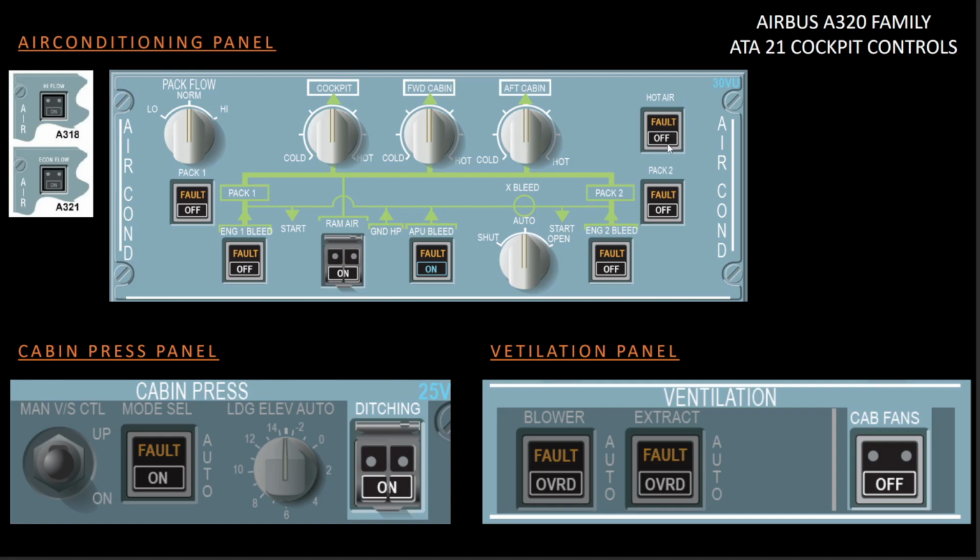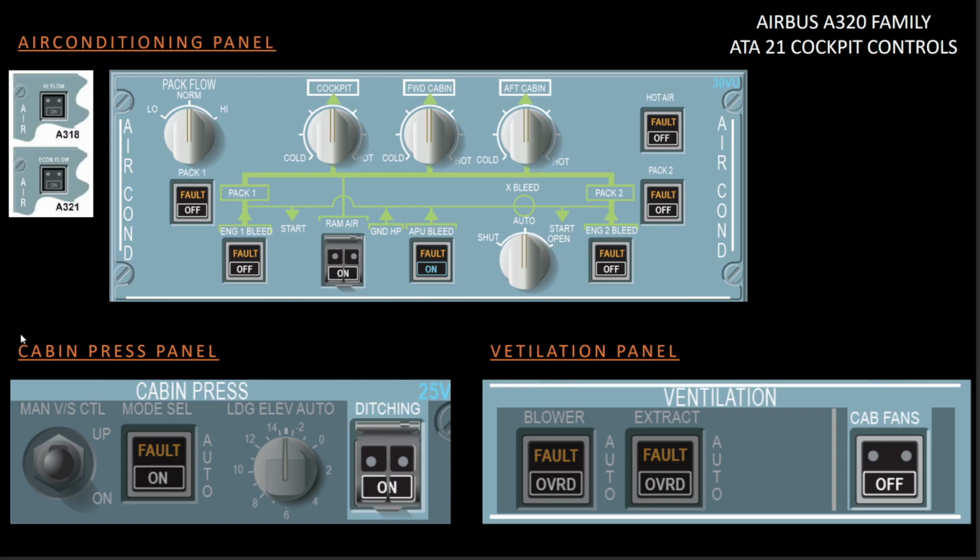If it is selected off, you will see the off legend, and if it's faulty you will see the fault legend. Just a quick note: you will see only one legend, or if the system is operating normally you will not see any legend on these push buttons.